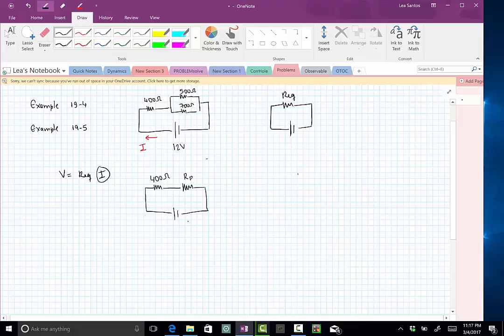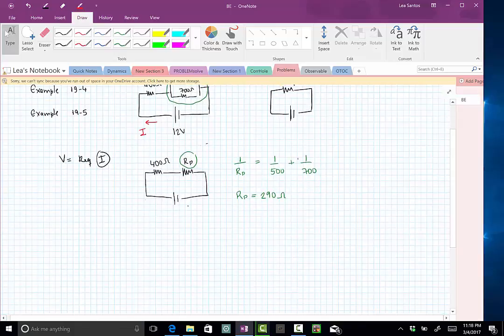What is this RP that I'm calling the equivalent resistance for that piece? Since it's in parallel, 1 over RP equals 1 over 500 plus 1 over 700. If you solve this, you will see that the equivalent resistance, just for that green piece there, is going to be 290 ohms.